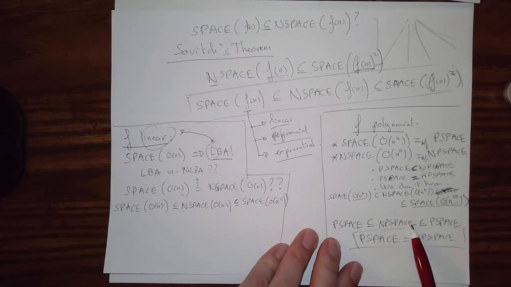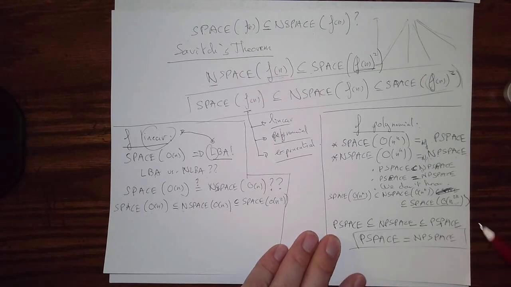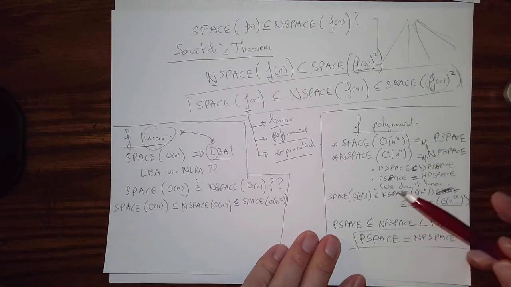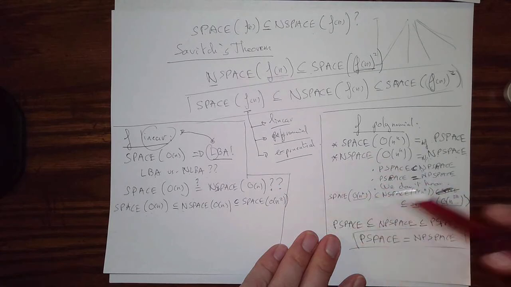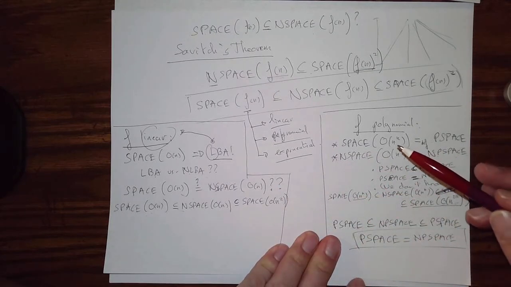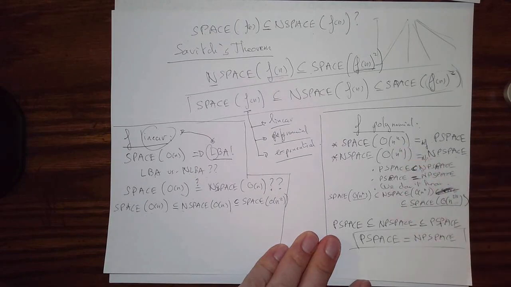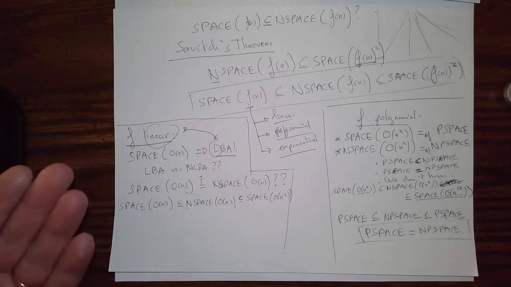So NPSPACE is greater or equal and smaller or equal than PSPACE, which means it can only be equal to PSPACE. So what we're saying is that with respect to polynomial space, using a Turing machine that is non-deterministic or deterministic doesn't change anything. It's exactly the same space that is used, right? So that's a very interesting result.